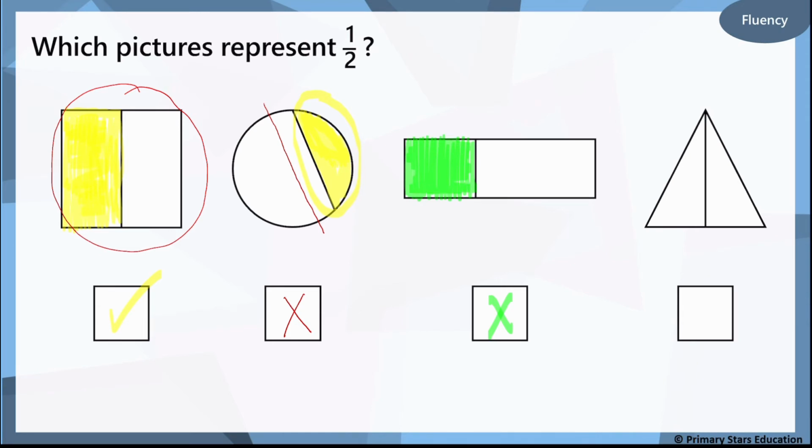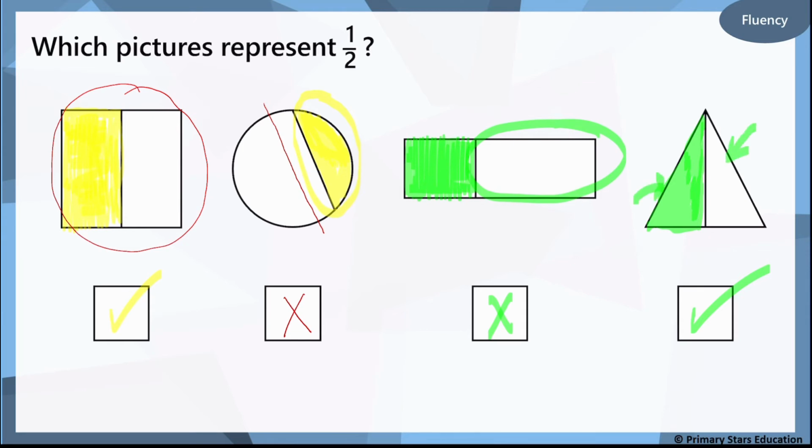This part is much smaller than this part. They are not equal. And what about our triangle? Does this show equal parts? Thumbs up for yes, thumbs down for no. Does this show half? Are they equal? Yes, they are. This half is the same size as this half.